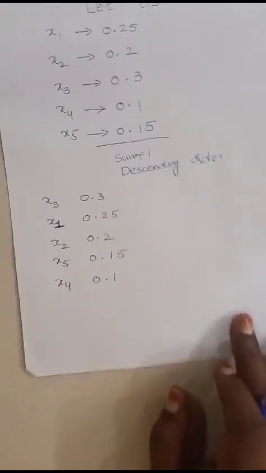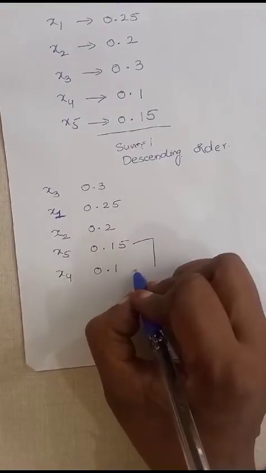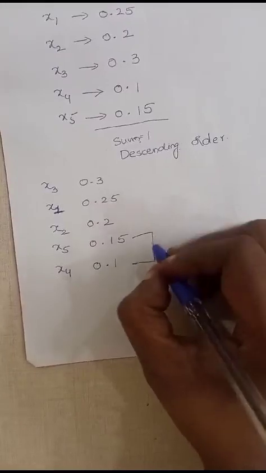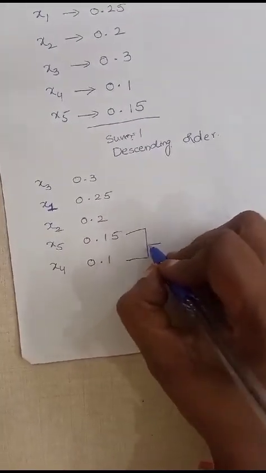After writing these in descending order, now we have to add the probabilities of the last two symbols so that we get the probability 0.25.